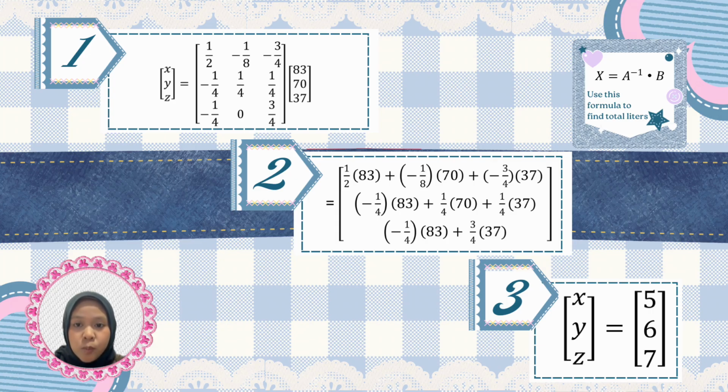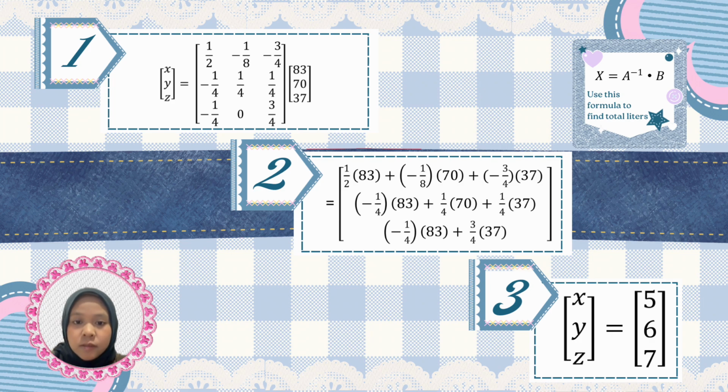We repeat this process for each row to isolate our variables, which are x, y, and z. Once the arithmetic is complete, we arrive at our final matrix for x. The result clearly shows that x equals 5, y equals 6, and z equals 7.